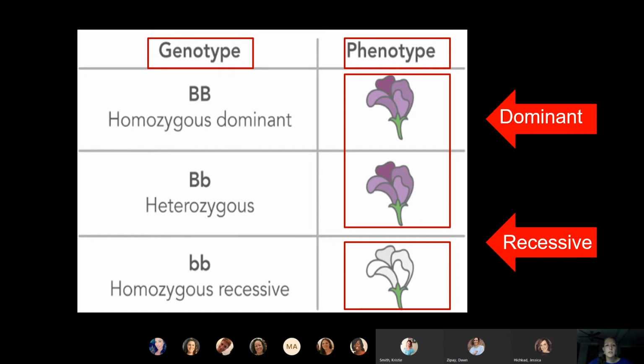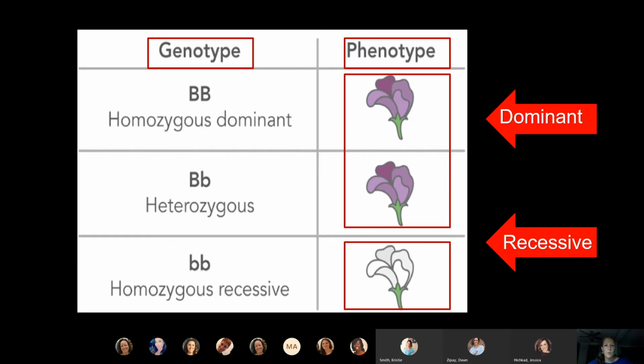As you can see here, we have a dominant and a dominant. So we've got two dominant alleles, homozygous dominant. We've got one dominant and one recessive allele, which is heterozygous, but that dominant is still there, meaning that dominant trait will express. Here we have that homozygous recessive. So two recessive alleles. That means the recessive allele gets to shine through and say, hey, look at me, I'm here. And in this case, our recessive allele is white.